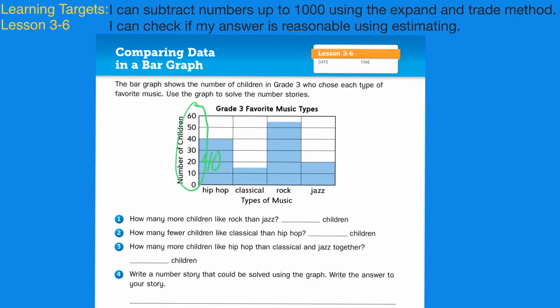So look at that carefully. Also notice this one here and this one here is a half a rectangle. So think about what that does to change the value. Just like I did, it would be a great idea to write each number on each bar here. It helps you solve these problems a little bit faster.